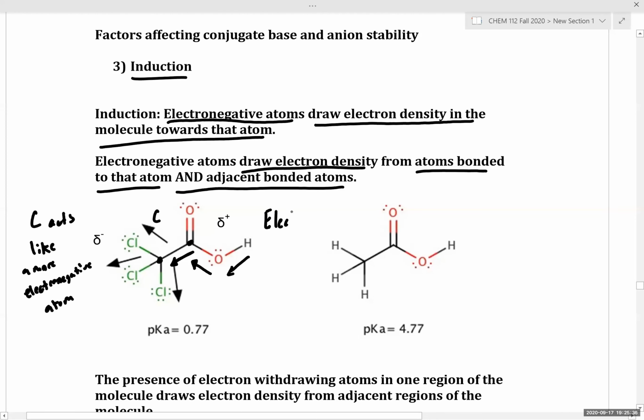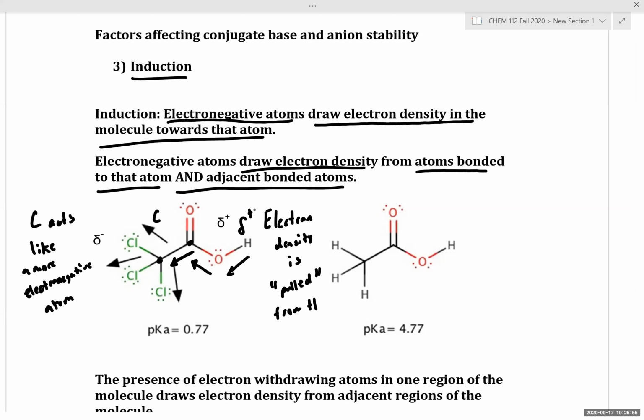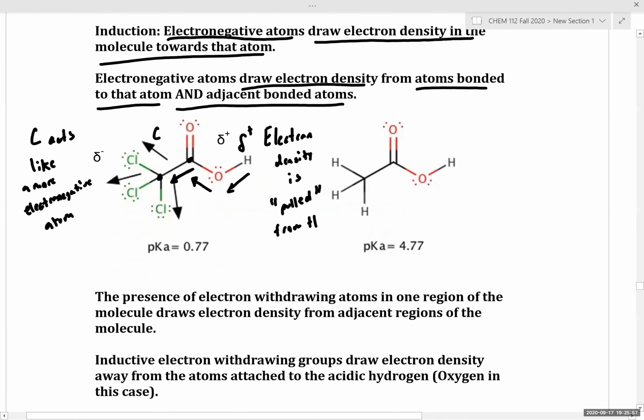So in the end, electron density is quote unquote pulled from hydrogen, and we end up with a partial positive charge building up on our hydrogen atom. The way you can think of induction is that the presence of electron withdrawing atoms in one region of the molecule draws electron density from adjacent regions of the molecule.